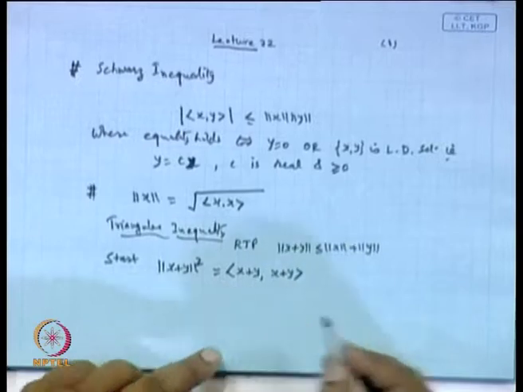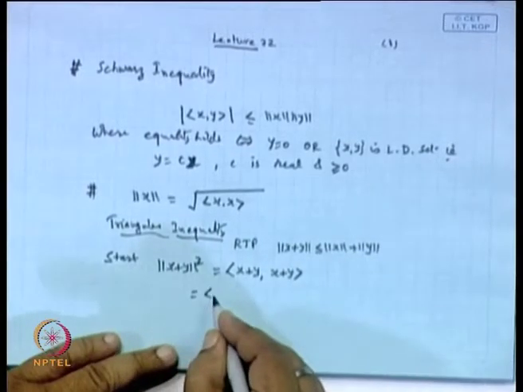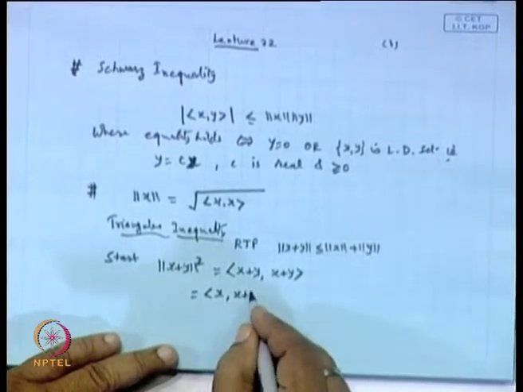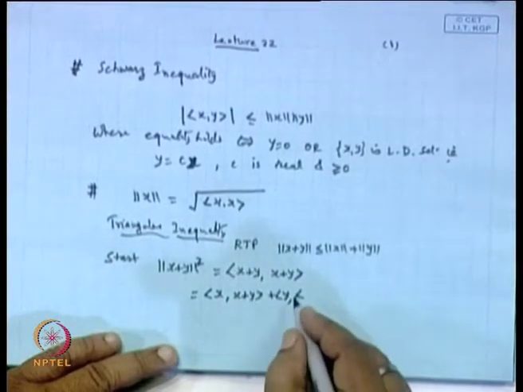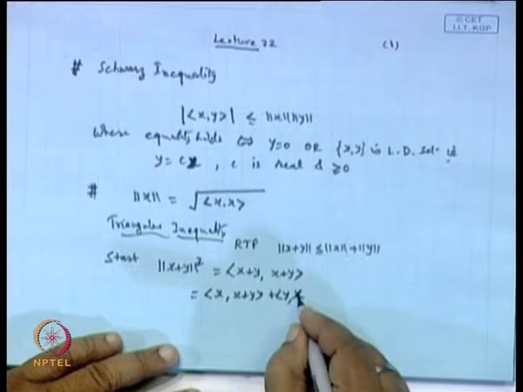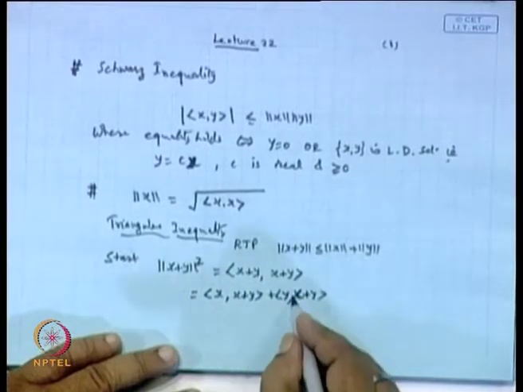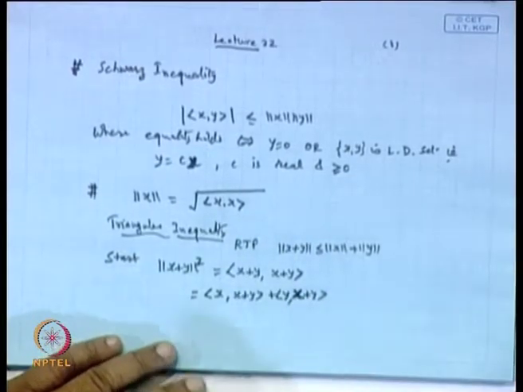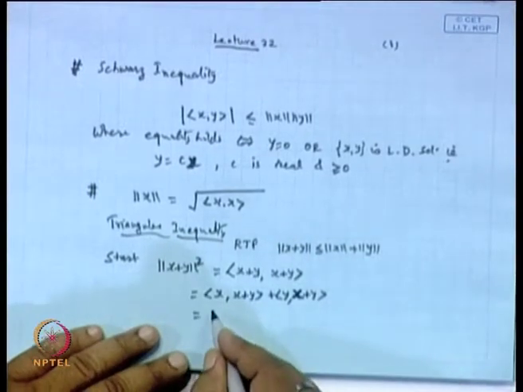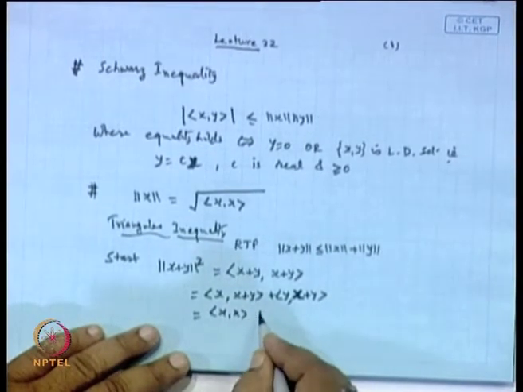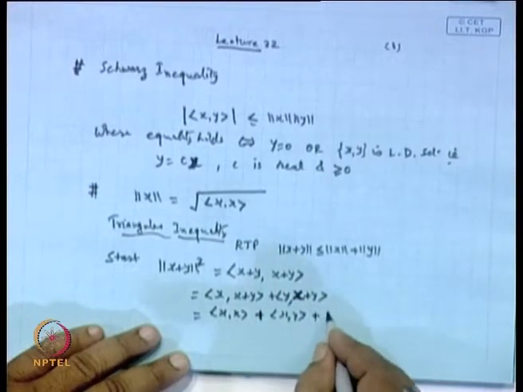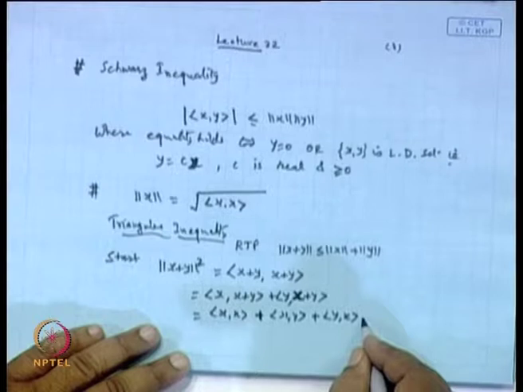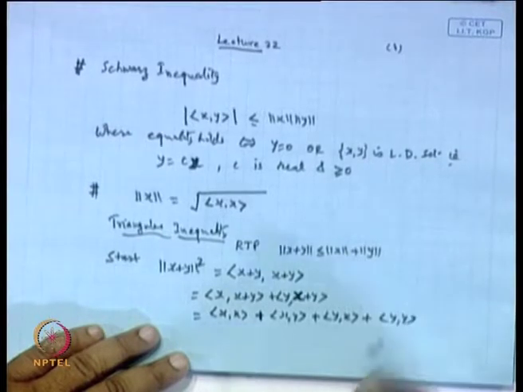Now, open it. So, we get x plus y comma x plus y, is it not? And this further can be written as x comma x plus x comma y inner product plus y comma x plus y comma y inner product.